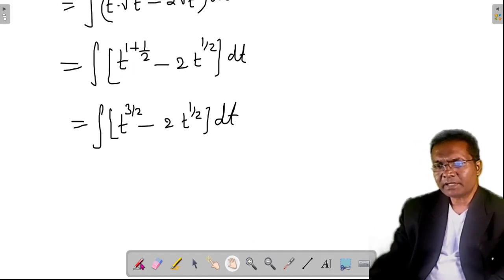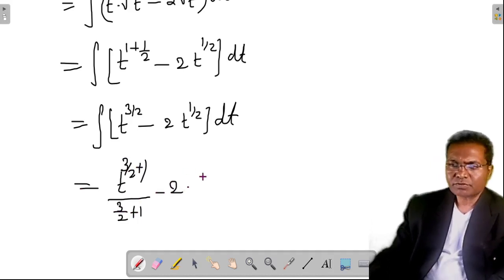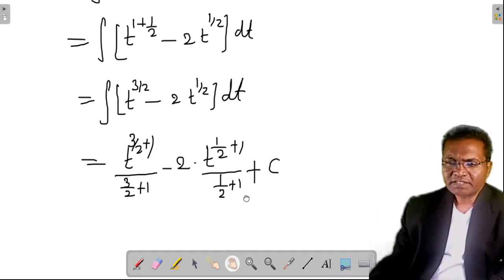Now you can apply the integral formula, that is t power 3 by 2 plus 1 by 3 by 2 plus 1, minus 2 into t power 1 by 2 plus 1 by 1 by 2 plus 1, plus constant c.